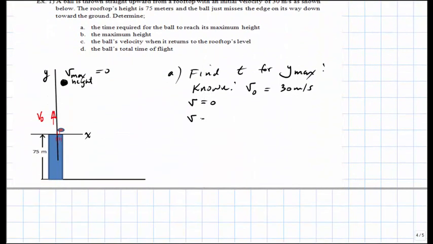Here it is. v equals v0 minus gt. For v, we'll insert a 0. v0 equals 30. g, like I mentioned earlier, is 9.8 times time. How do we solve this algebraically? First of all, we'll transfer the 9.8t to the other side, and it's going to change its sign. So it's negative on the right. It becomes positive on the left.